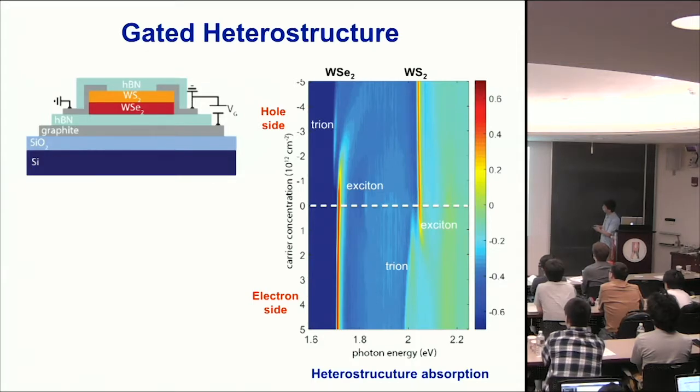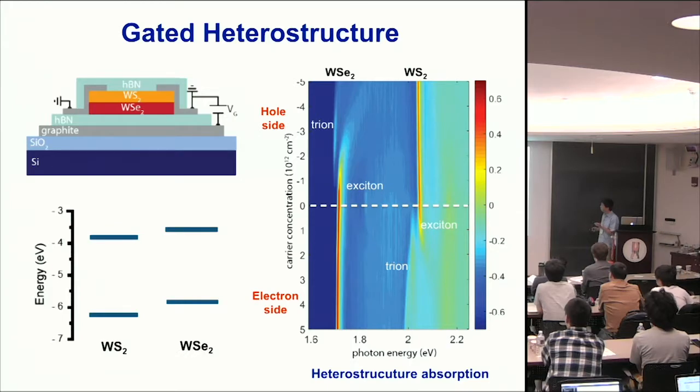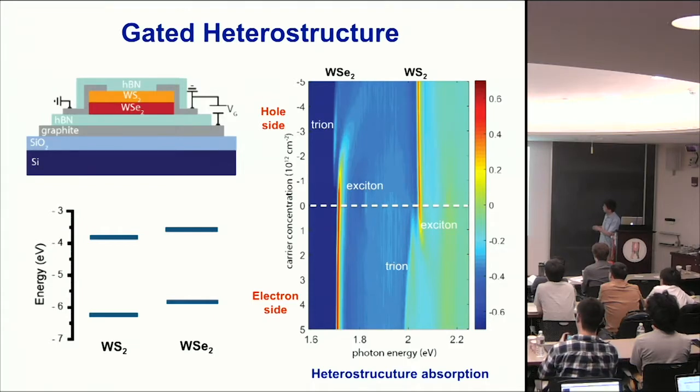What that says is that if you dope it with holes, the holes prefer to sit in the WSe2 layer. As a result, you see it modifies the exciton transition mainly in the WSe2 layer. It transfers some of the exciton spectral weight to the trion, and you see a large modulation, but there's very little change in WS2.